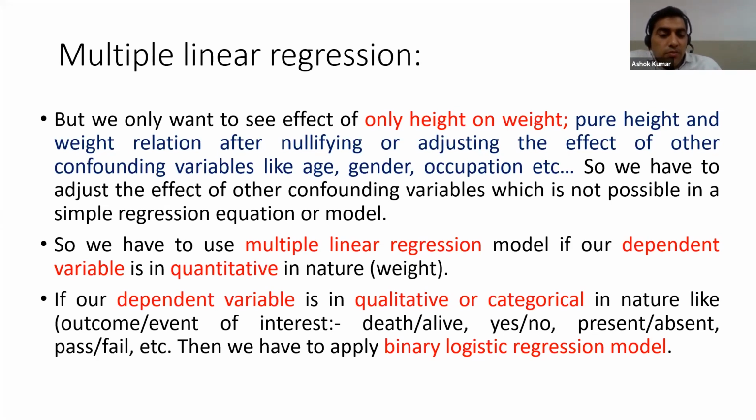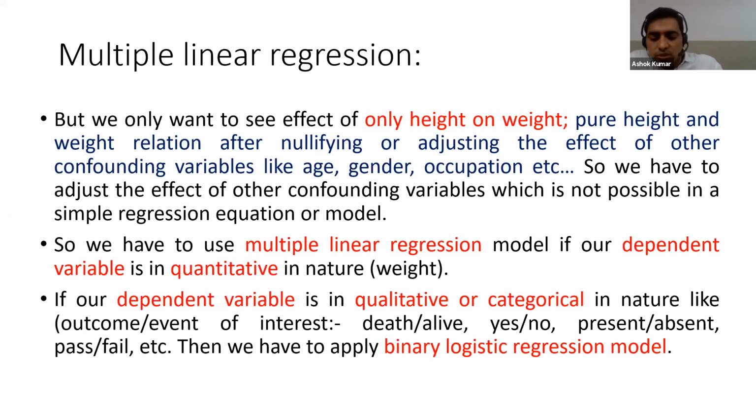If our dependent variable is qualitative or categorical, not quantitative, like an outcome or event of interest, for example death or alive, yes or no, present or absent, pass or fail, then we have to apply the binary logistic regression model instead of multiple linear regression.